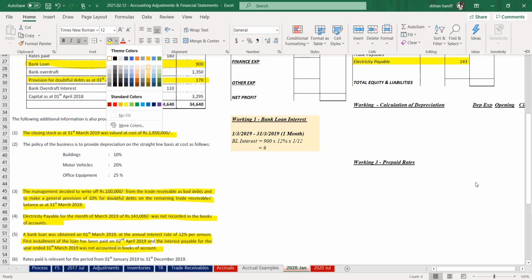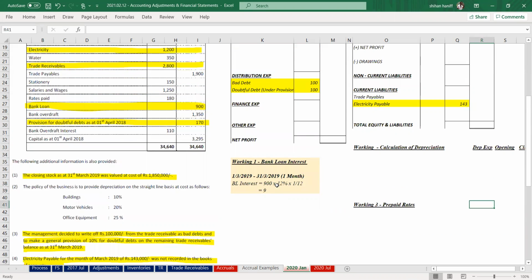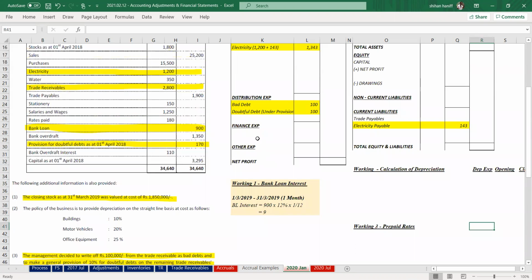So this is payable, not paid. Still, this interest is not paid. Finance expense, bank loan interest is 9,000. Current liability, bank loan interest payable 9,000.